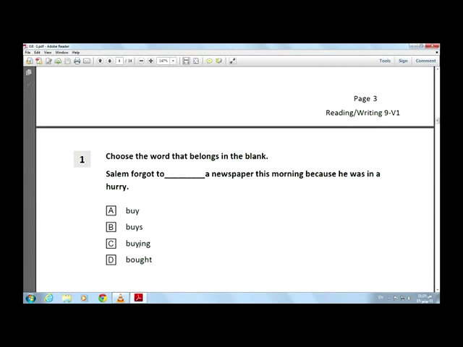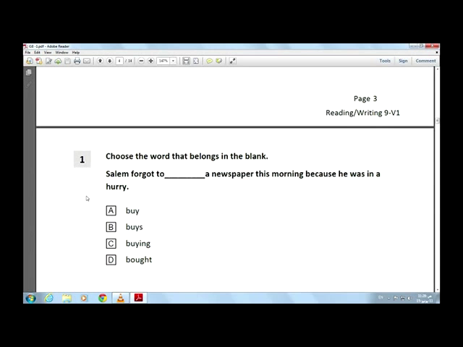Ing, we always add ing in the progressive tenses, for example, past progressive or present progressive. And both in the past is also impossible. So the correct answer will be buy, because buy is the infinitive of the verb, and after to we always choose the infinitive of the verb.